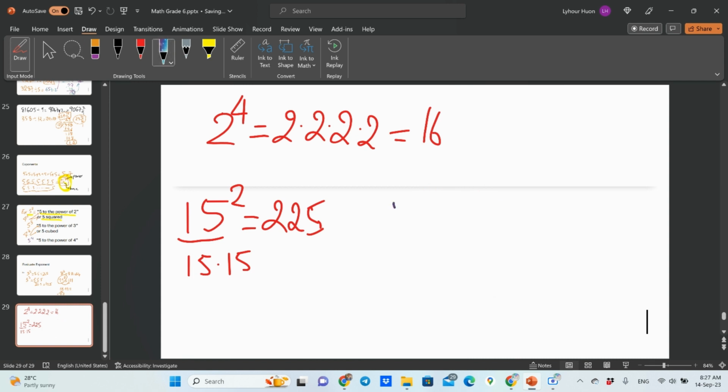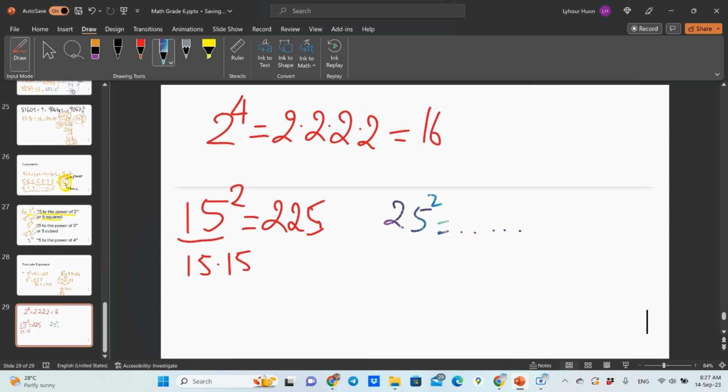Now, how about 25 squared? What is this equal to? 25 squared. Yes, 25 square. Let's see.